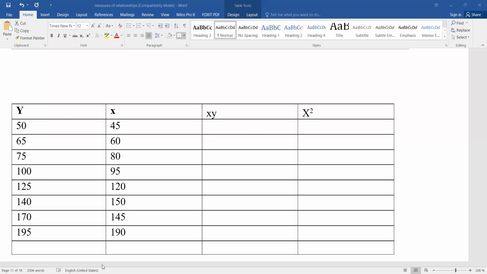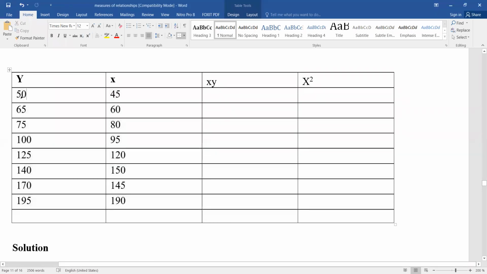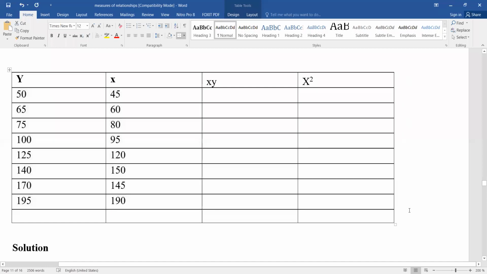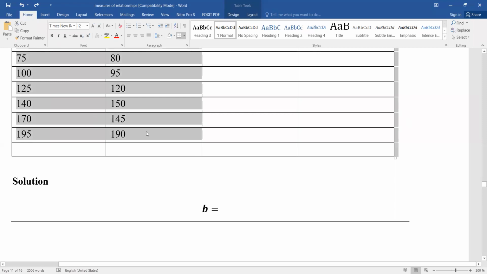Add everything, add everything, add everything in all columns. Rubbish.